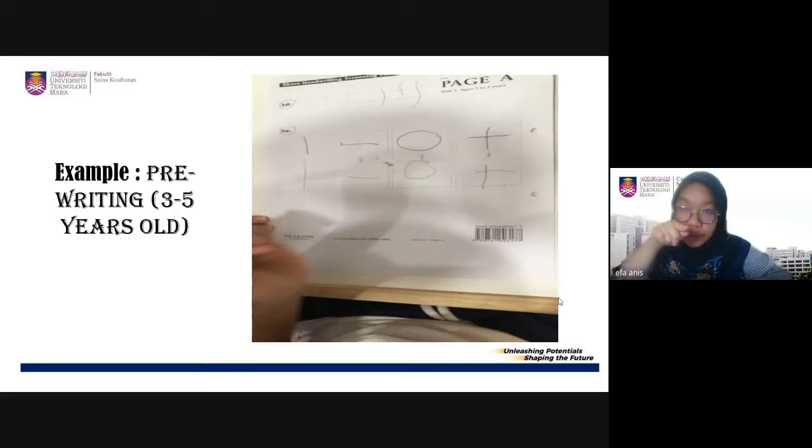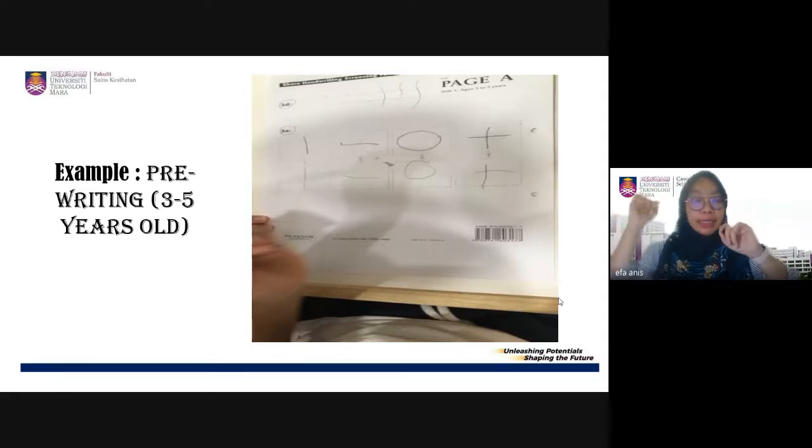Kalau you tengok bulat dia tu tak bercantum, and also dia punya lines tu macam keluar daripada kotak. So you can say a bit of eye-hand coordination punya issues, a bit yang dia punya planning tu, dia punya eye-hand coordination, visual motor integrations and so on.